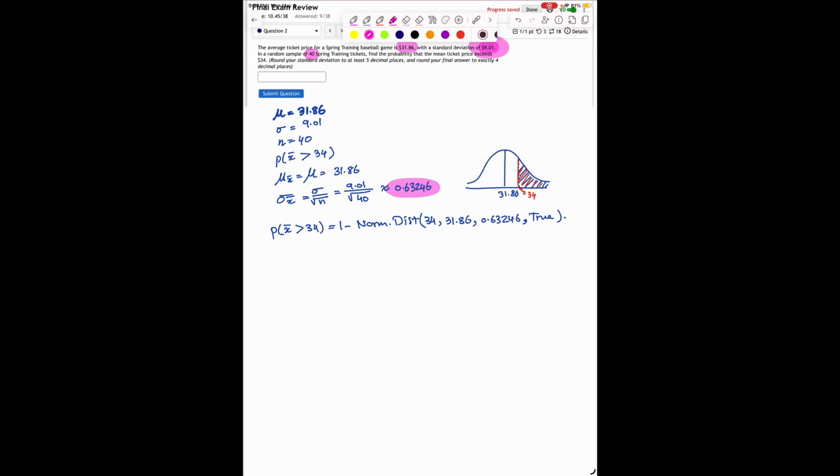It became the standard error because, again, we're working with a sample of 40. We're working with the distribution of sample means. We're not working with the regular normal distribution. If it's greater than, similar to this case, we're going to use 1 minus norm distribution. Hopefully this is helpful. If you do have questions, I'll be happy to assist you.